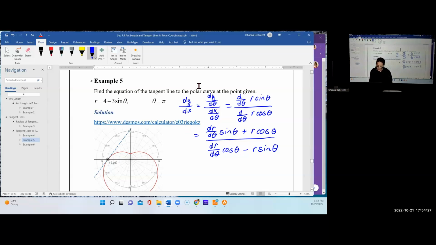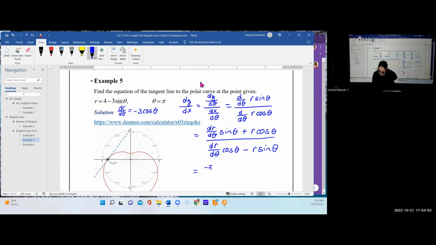We're going to go ahead and find the general formula for the slope of the tangent line at any point. So I need to find dr d theta. The derivative of 4 being a constant is going to be 0. Derivative of sine is cosine, so I get -3 cosine of theta. Everything else I have.